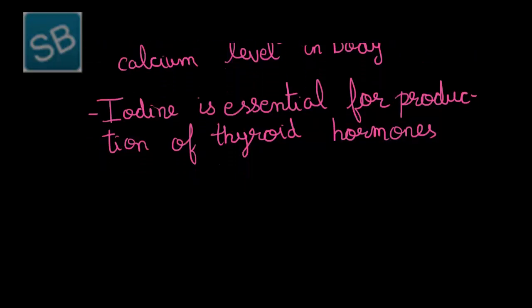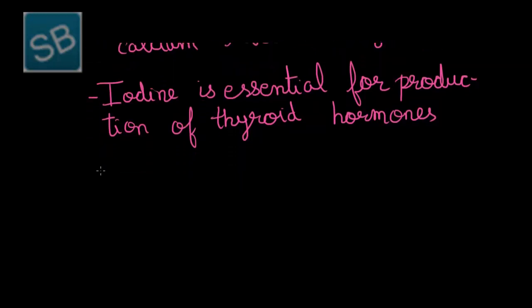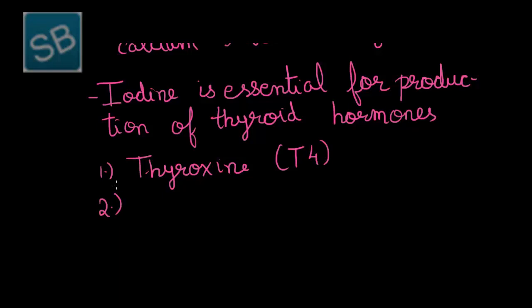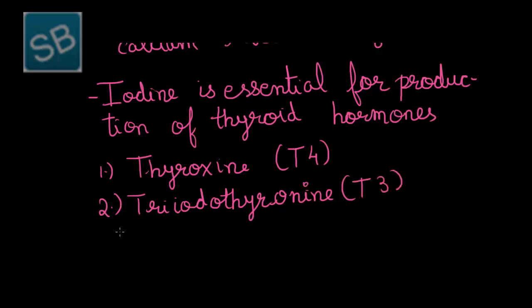These thyroid hormones present in the thyroid gland are basically of three types. First, thyroxine, which is also known as T4. Second, triiodothyronine, which is also known as T3. And third, thyrocalcitonin.